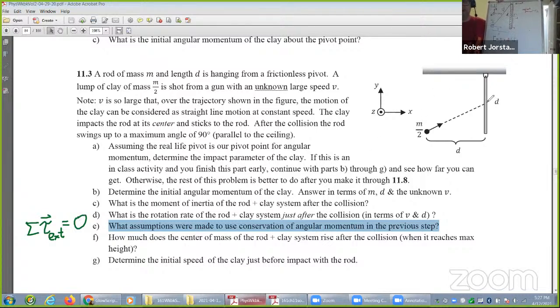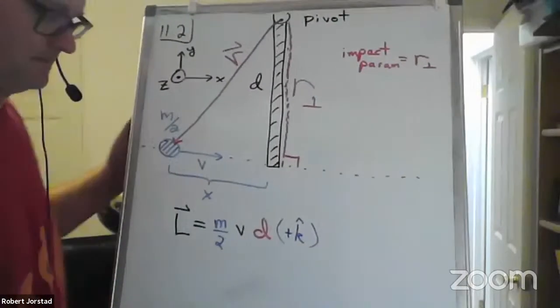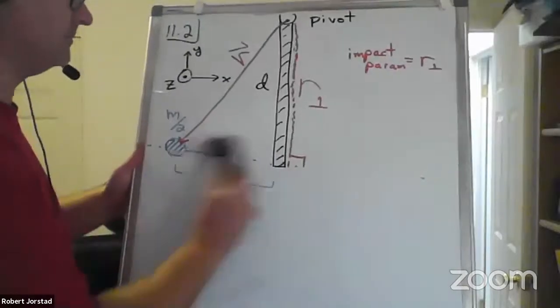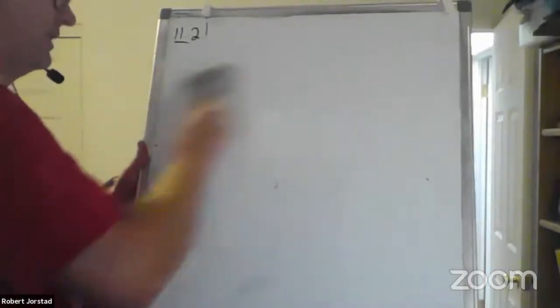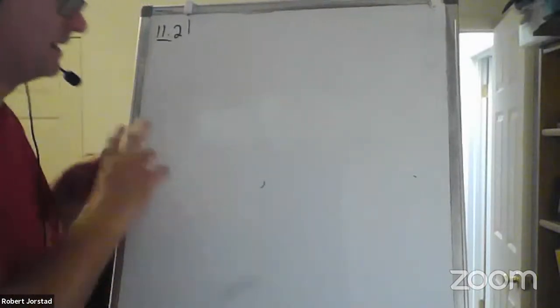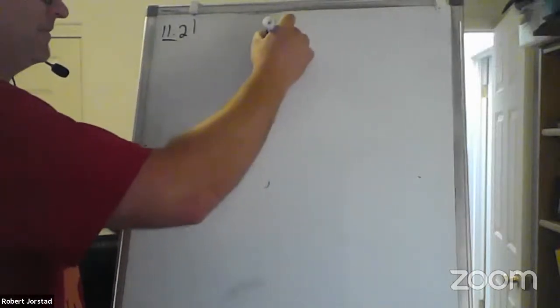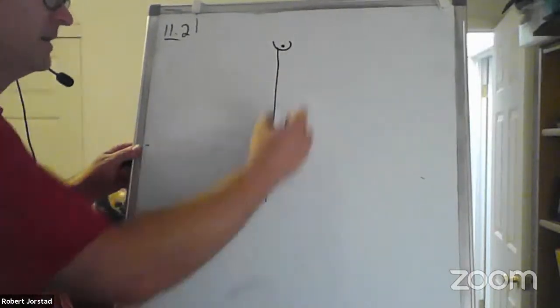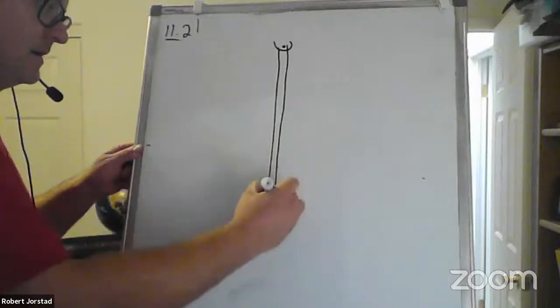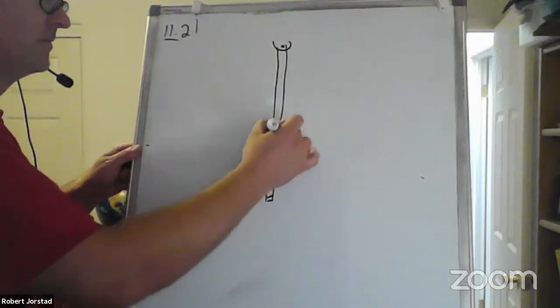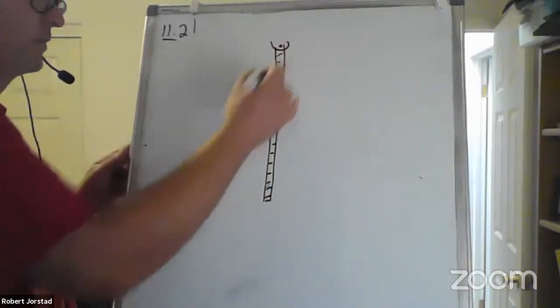Somebody, anybody, give me one force on the rod during the collision. And actually, let's do this on the whiteboard. During the collision, here's the rod. Give me one force acting on it.